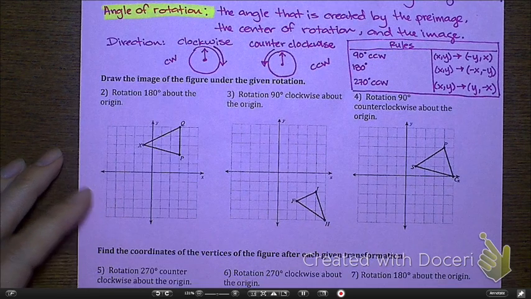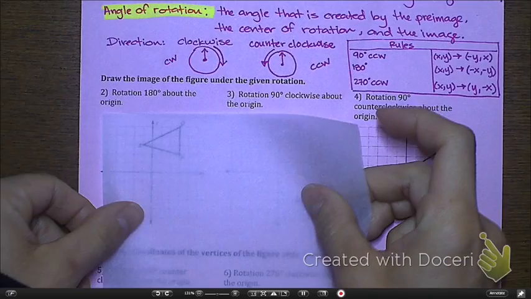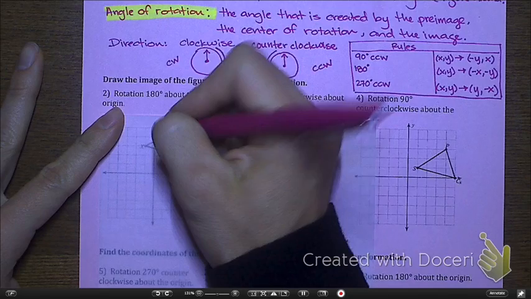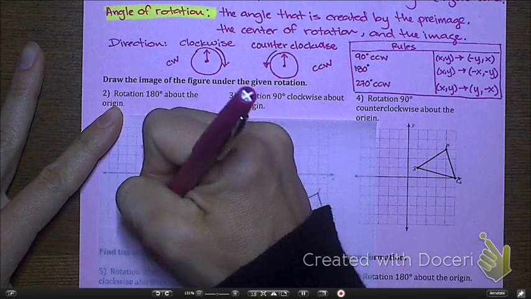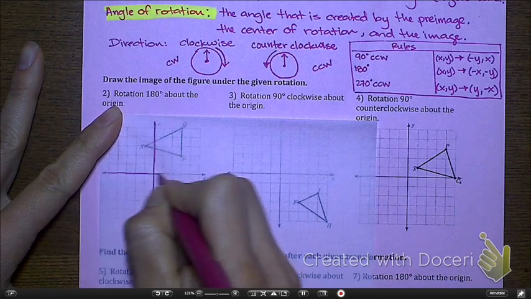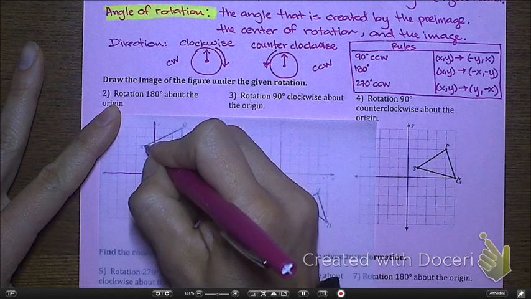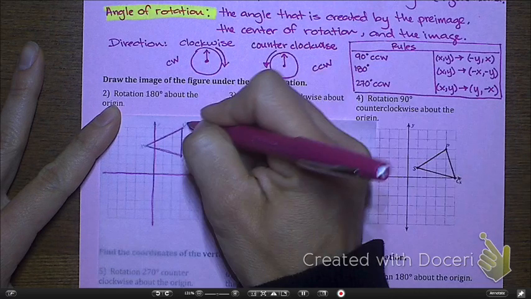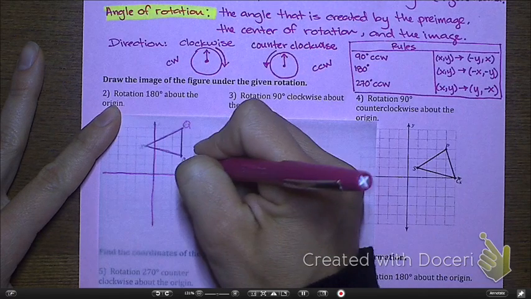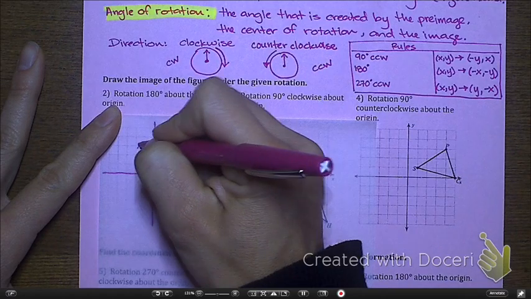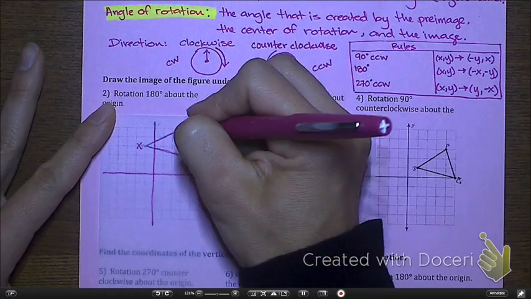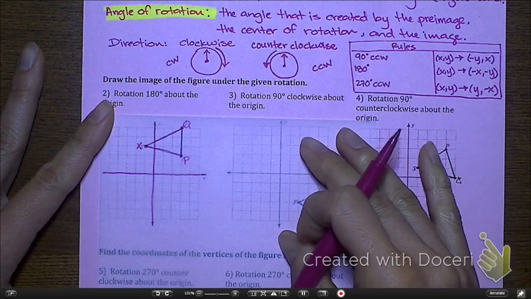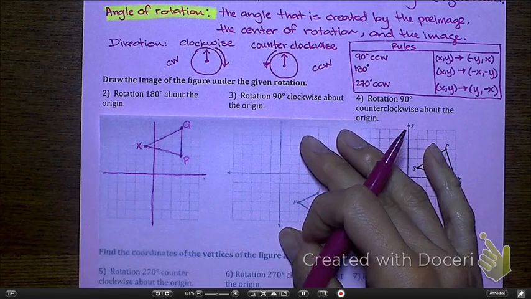So let's take our trace paper. Let's trace over the X and the Y axis. I've gone ahead and traced that over.